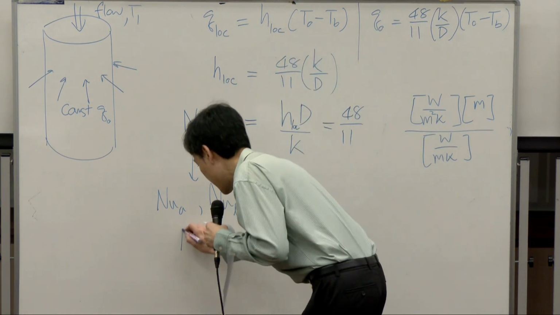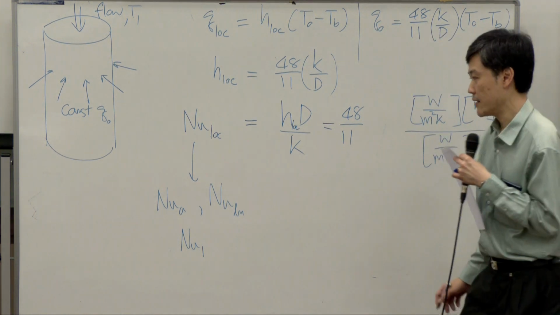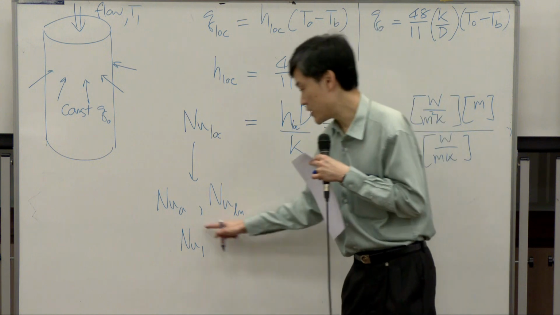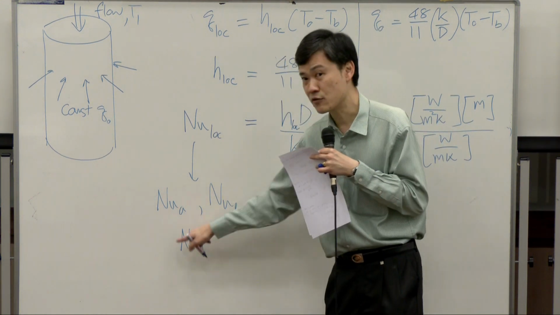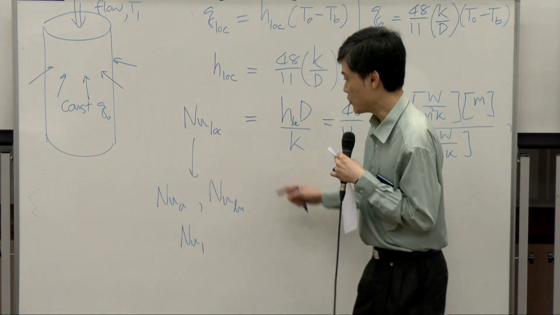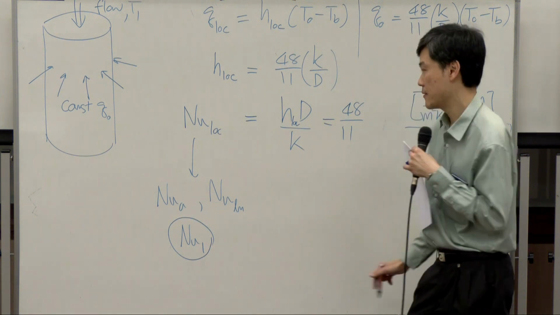The other one, to be complete, is the Nusselt number using the inlet temperature difference only. Of course, this one is not very useful, but I am going to use it because it is easier to do the calculation. These two are very complicated. So just to show you the concept, in this case, I want to calculate this part. Okay?